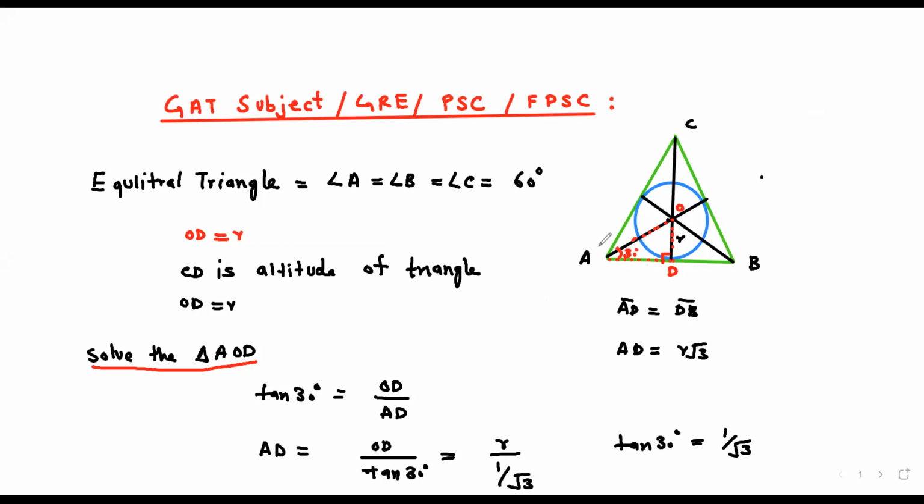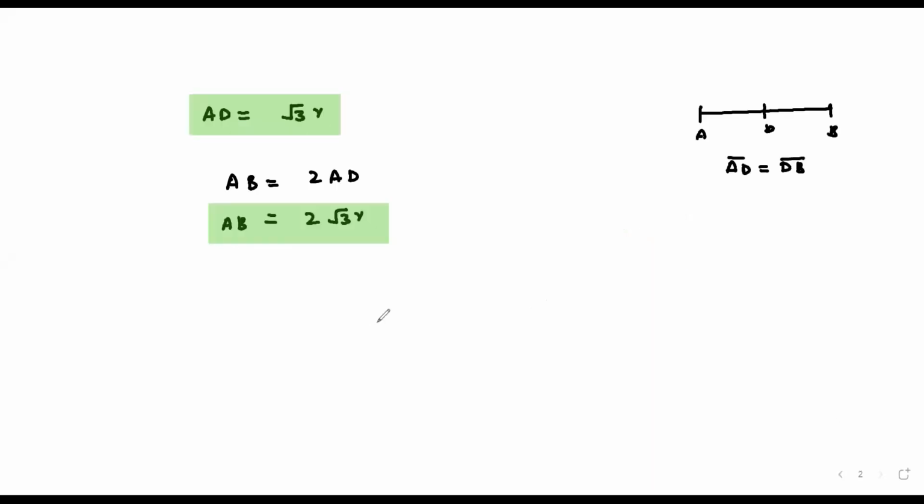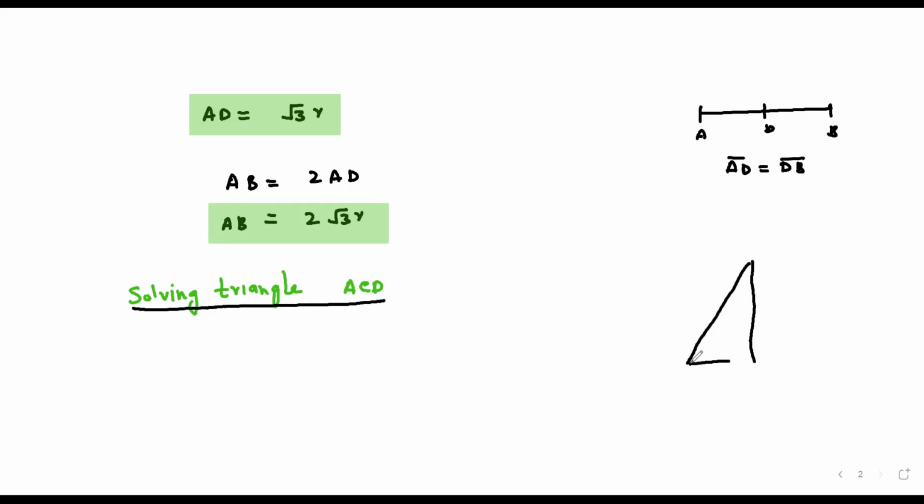Now we solve the triangle ACD. When we solve this triangle, I will make the figure of this triangle. Here we have this type of triangle: A, this is our C, and this is our D.